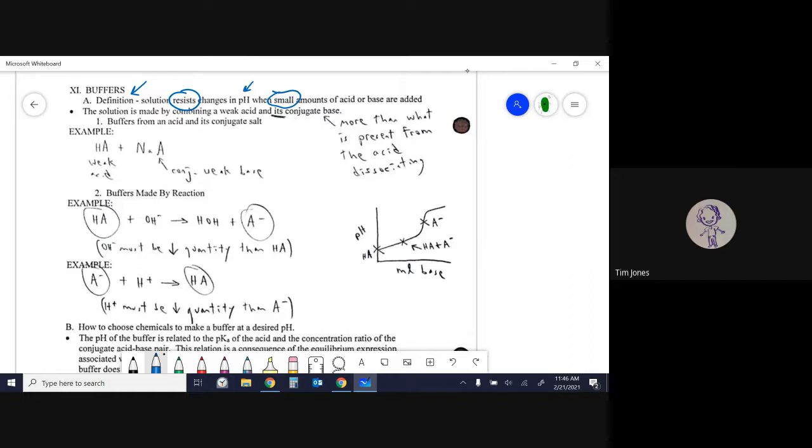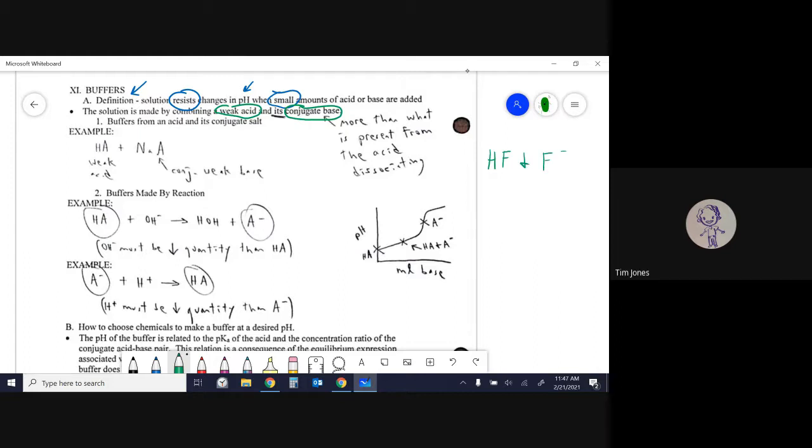So to make a buffer, you need a reasonable combination of a weak acid and its conjugate base. For example, you could take the weak acid HF and its conjugate base F minus.